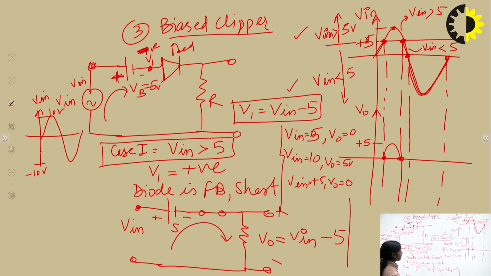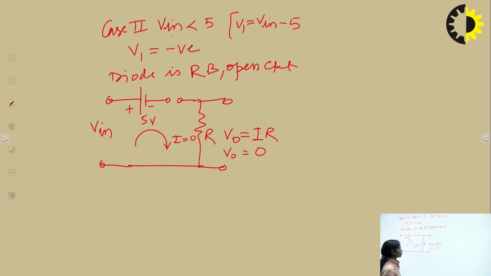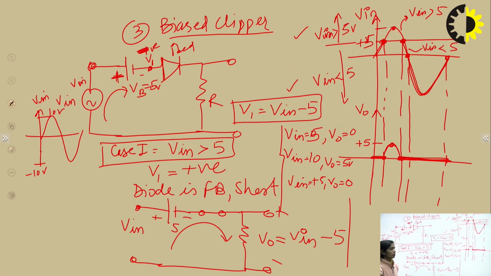So that means if we plot the circuit here, for the remaining portion, for this portion and this portion, we will get the output as 0. So you can plot like this. You will get only the positive portion from 0 to 5 volt, the remaining portion is 0. So this is how we will proceed for plotting the bias clipper circuit output waveform.